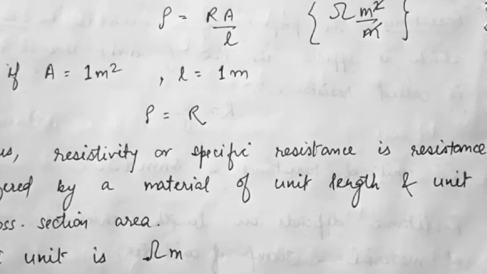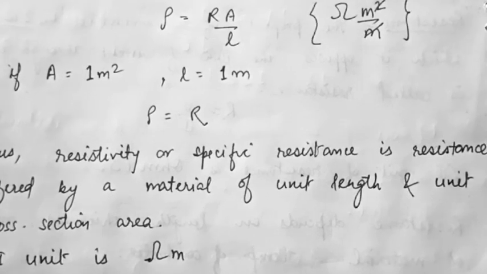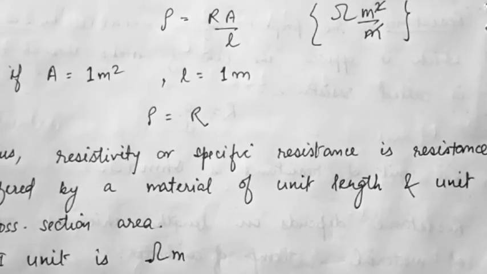Or you can define it in one more way: specific resistance is the resistance offered by a unit cube of a material.